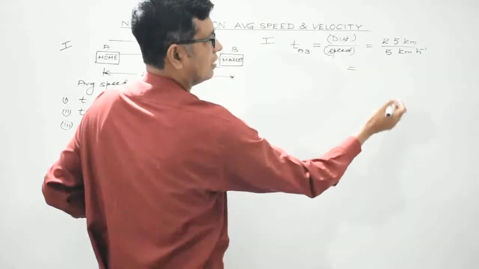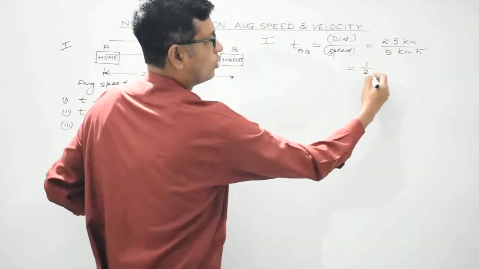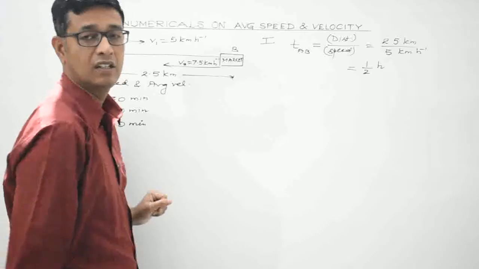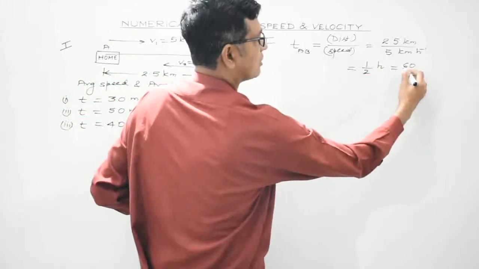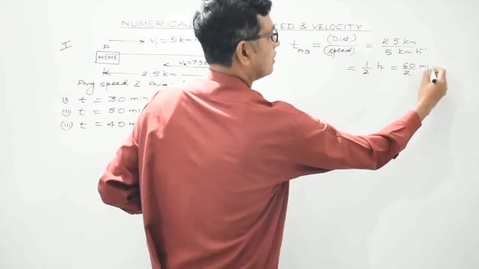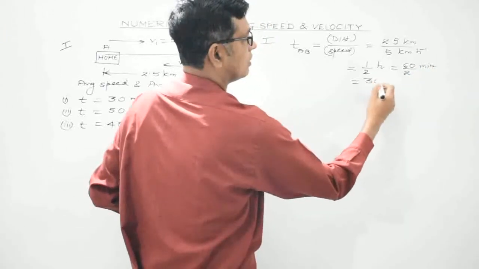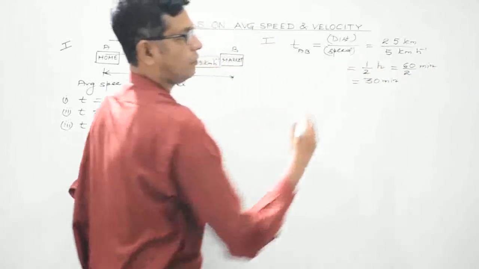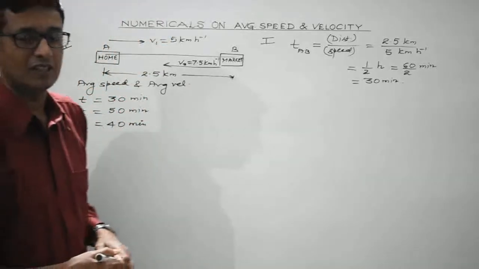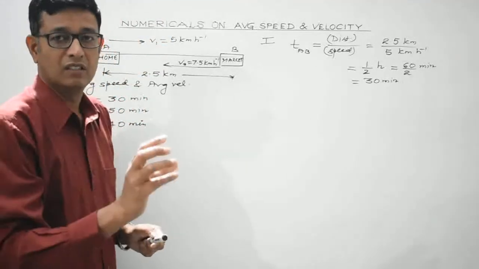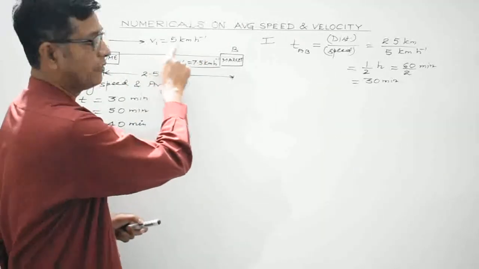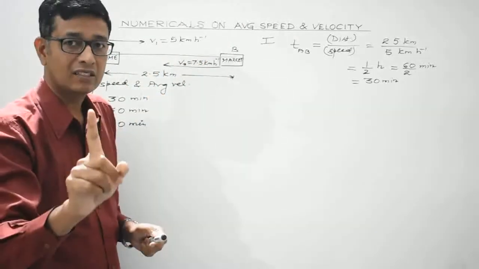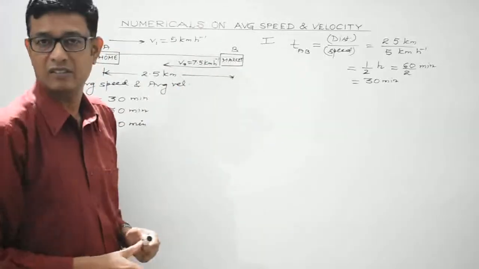So what you get is 1 by 2 hour, and in minutes, it will be 60 by 2, that is 30 minutes. So the person, while moving from his home to the market with a speed of 5 km per hour, takes 30 minutes to reach the market.